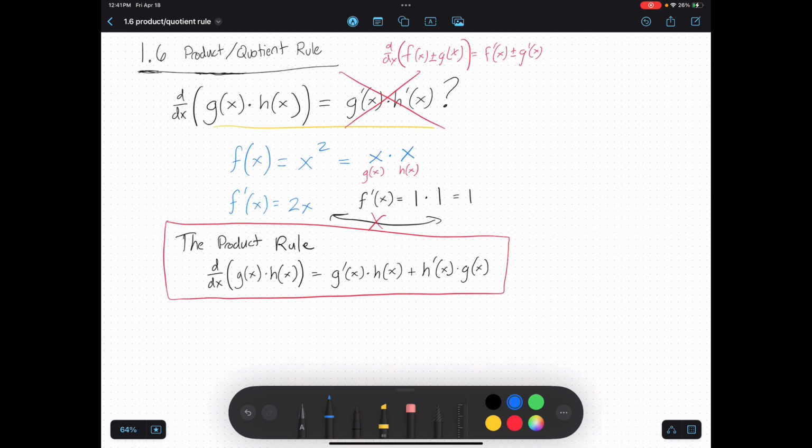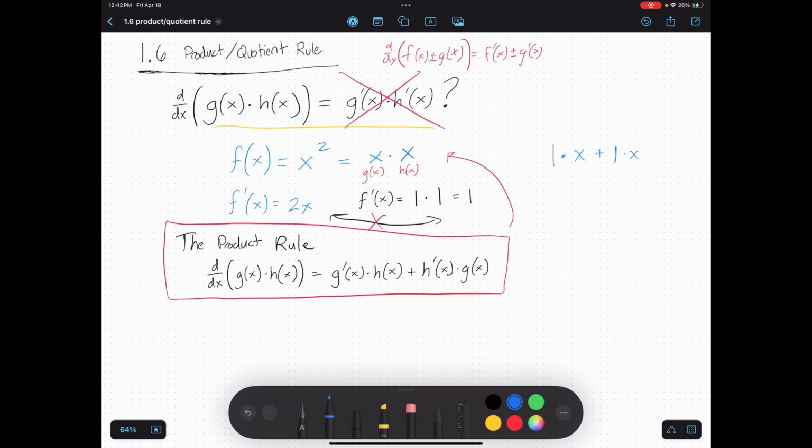Well, let's put this to practice and see if it actually works. Let's go back to this example over here of x times x. Well, according to my product rule, if I want to use my product rule on this function, what would I get? I would get the derivative of my first function, which is 1, times my second function, which is just x, plus the derivative of my second function, which was 1, times my first function, which is x.